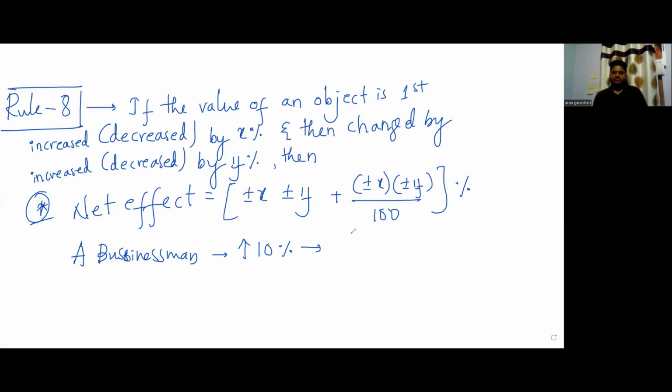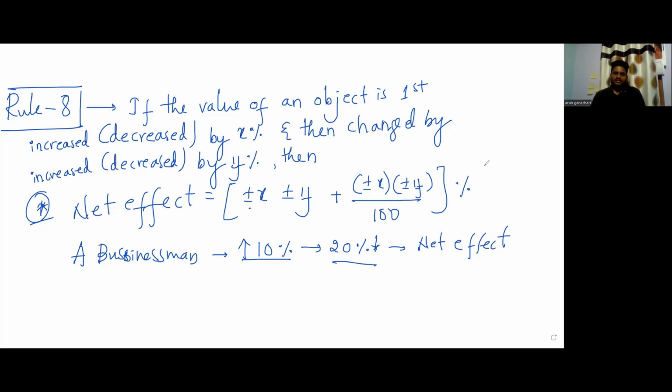Matlab, the people did not come to the restaurant or whatever kind of business it is. So he has to reduce his prices. First he increased the prices by 10%, then he decreased them by 20%. They'll ask you, what was the net effect? Matlab, what finally happened to the price of the product in total? So what will we do? Whenever there is an increase, we'll use the plus sign.